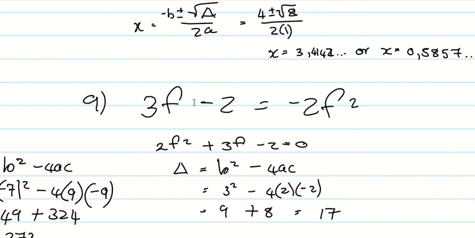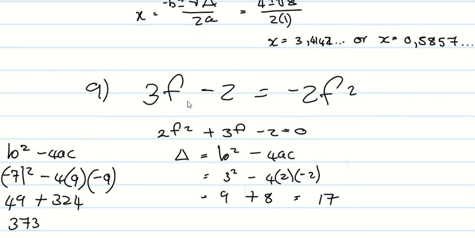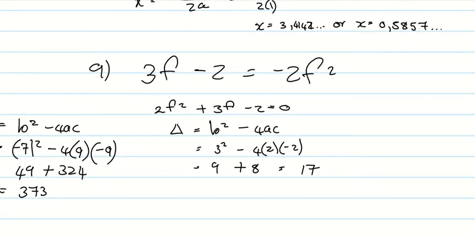Correct? You check. Okay, so now I'm continuing. I'm writing out my formula. X is equal to, yes, help me out, negative b plus minus the square root of the discriminant over 2a.